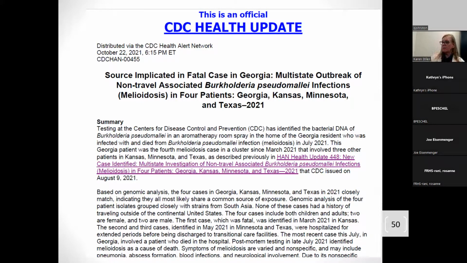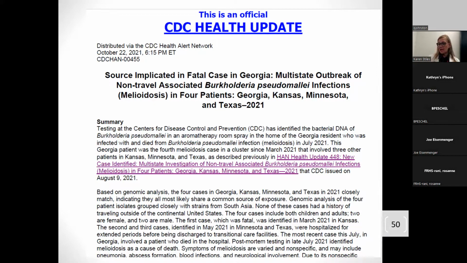Anyway, so interestingly enough, it was just a year ago that I think NPHL sent out a notice that we had 4 states, neighboring states, that had a cluster of outbreaks on it. Kansas, Minnesota, and of course, Texas and Georgia, not neighboring necessarily.